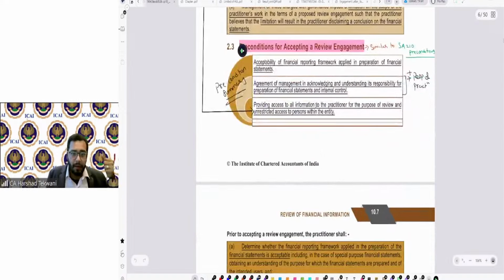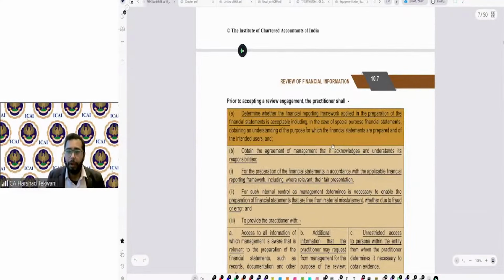Preconditions mean, first, acceptability of the financial reporting framework. Second, agreement of management and acknowledgement of their understanding of their responsibility, providing access to all the information. In this way, you can say these are the preconditions of the review engagement.